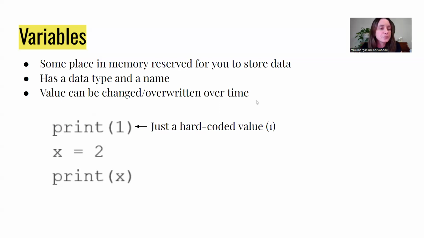So here's an example. Here's that print command that we saw before. Print 1. This is just a hard-coded, literally the number 1. So the computer would just print out a 1. But here, we took the number 2 and we stored it inside of a variable called x.